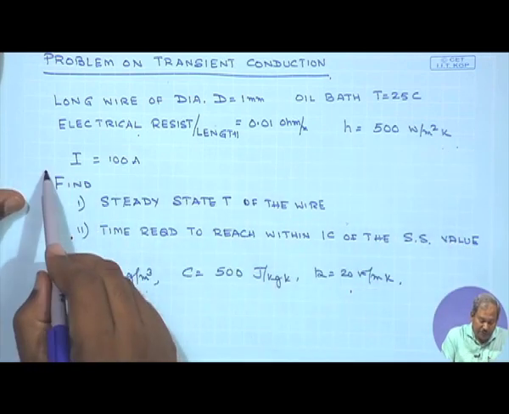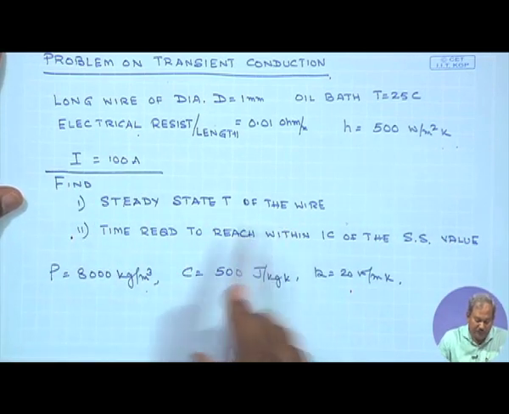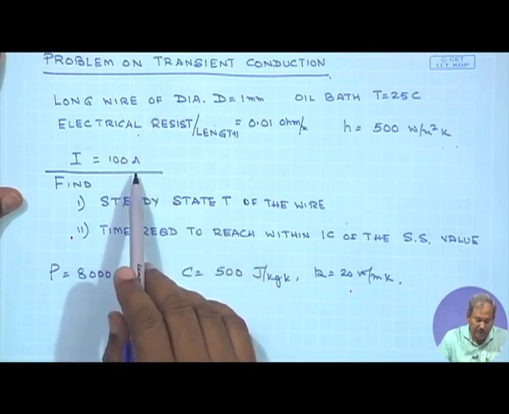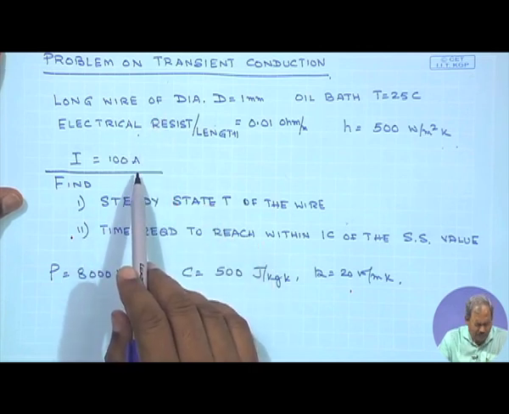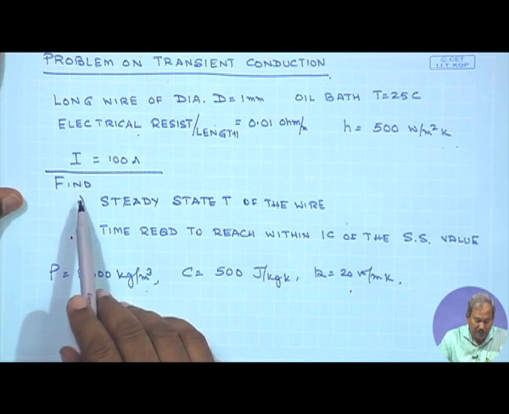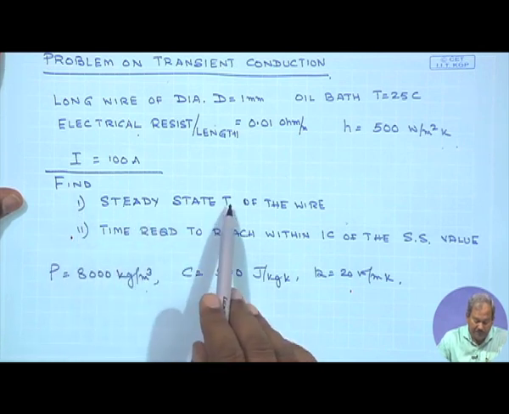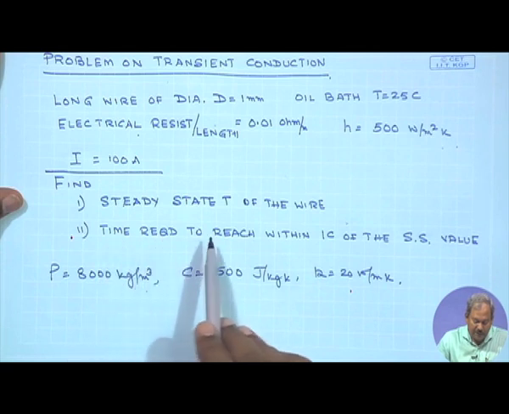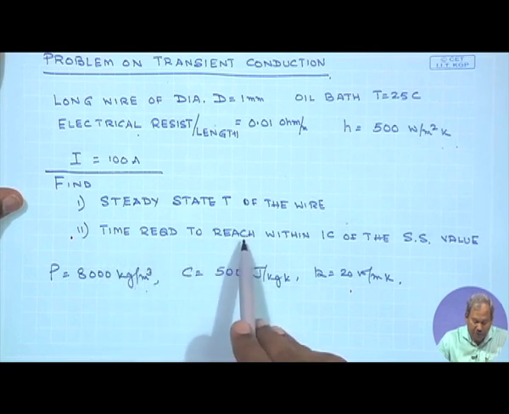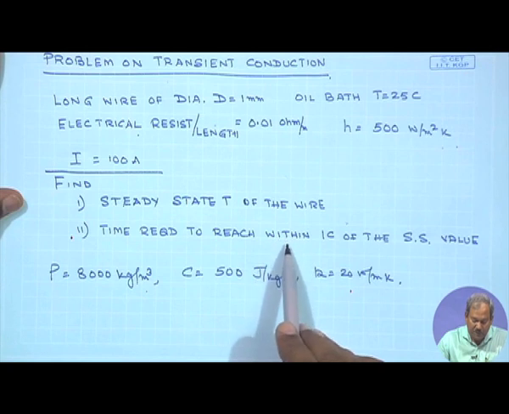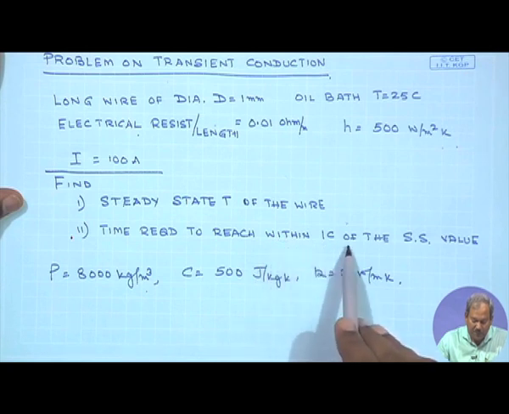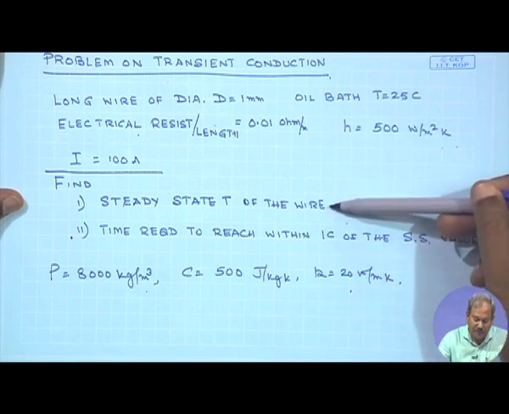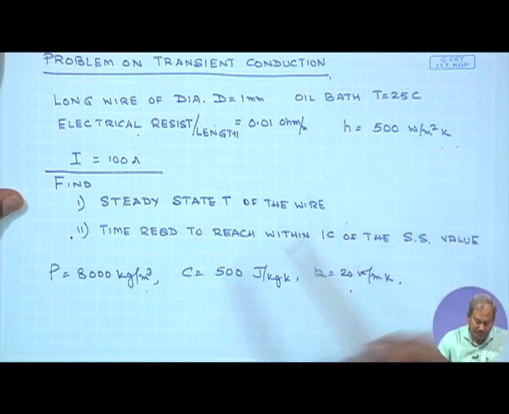And the current which flows through this wire is 100 ampere. What you have to find is the steady state temperature of the wire and what time is needed for the wire to reach a temperature within 1 degree centigrade of the steady state value which you have calculated in the first part.